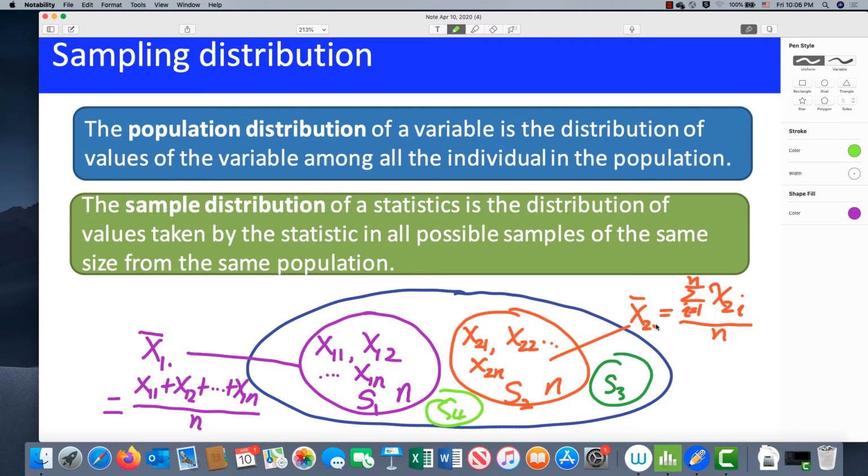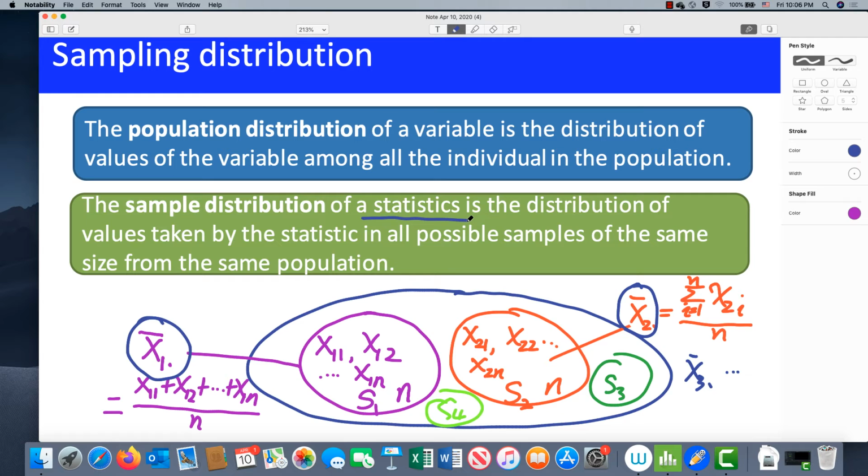Now, with all those numbers, x1 dot bar, x2 dot bar, x3 dot bar, and many more, those sample means are statistics. Those statistics have a distribution that is called the sample distribution of a statistic.